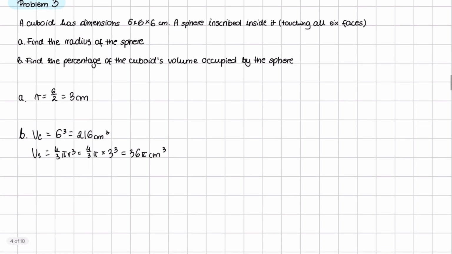And now we have to just divide our 36 pi by 216, because we calculate the ratio of the sphere's volume to the cuboid's volume, because we want to know the percentage of the cuboid's volume occupied by the sphere, and times 100%.